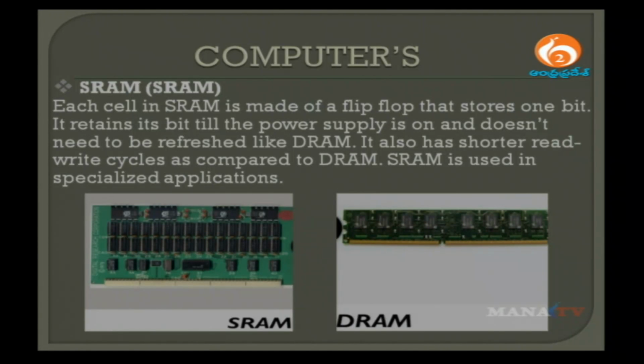So, always remember that these are very delicate components which you can find only in the motherboard of the computer. Alright. So, in brief, I will be explaining these again. Alright. So, now let me take you to the next slide, that is SRAM.